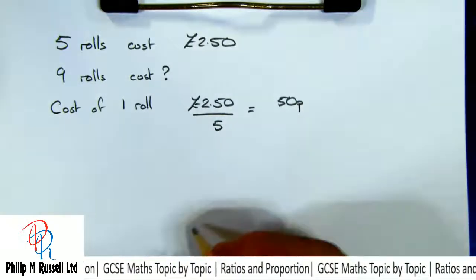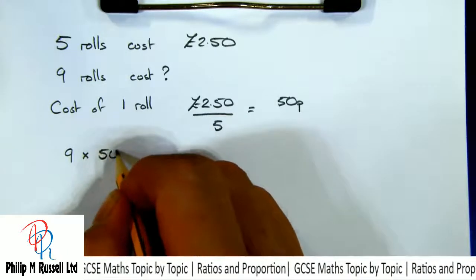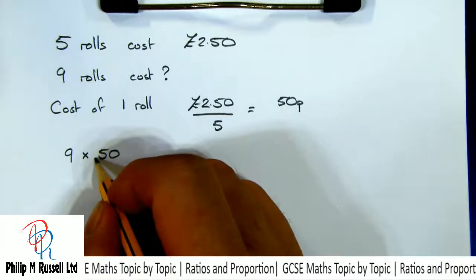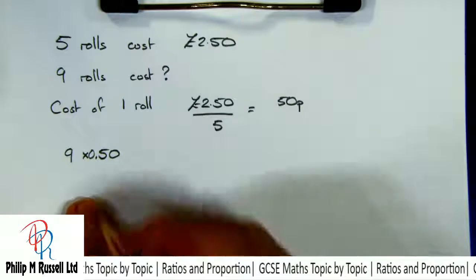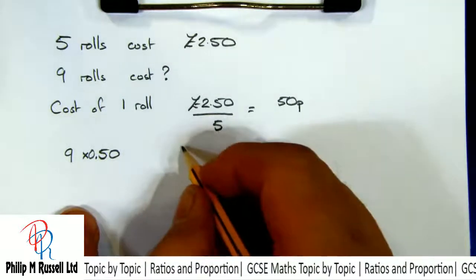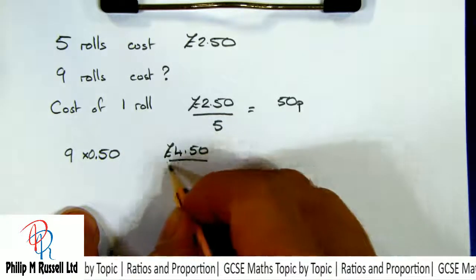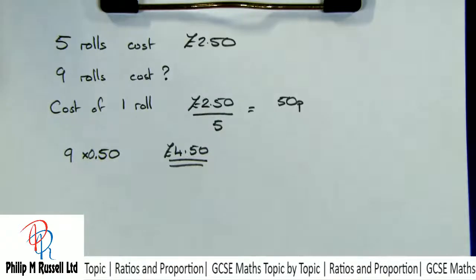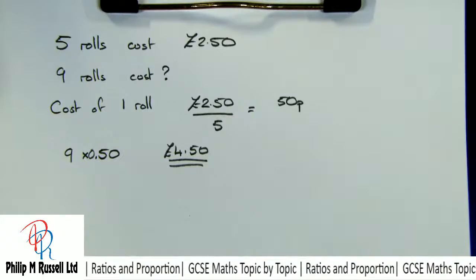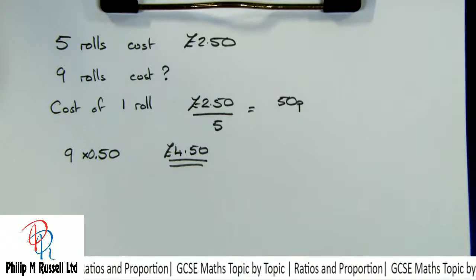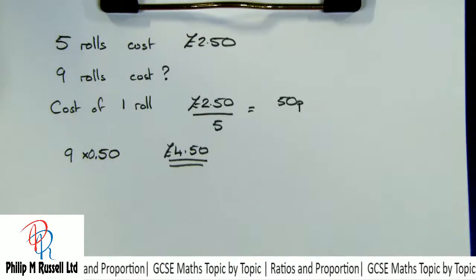I now know the cost of 1. 9 will cost 9 times 50p, or I could write that as 0.5. Let's multiply this up. This is going to give me £4.50. So this is direct proportion of working out what 1 is, and then we can work out what several are.